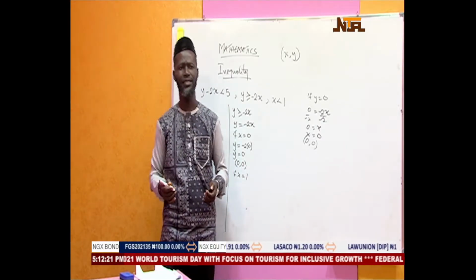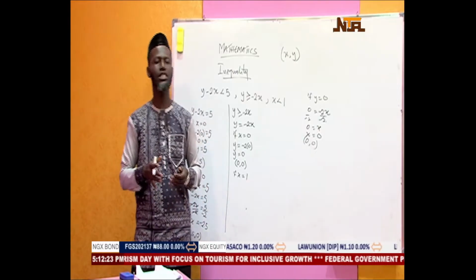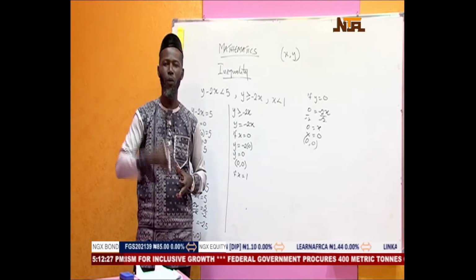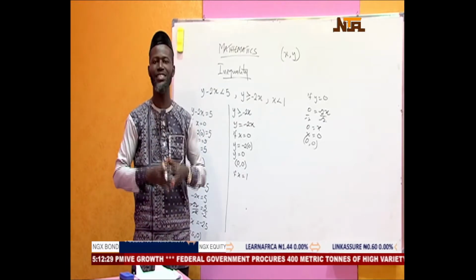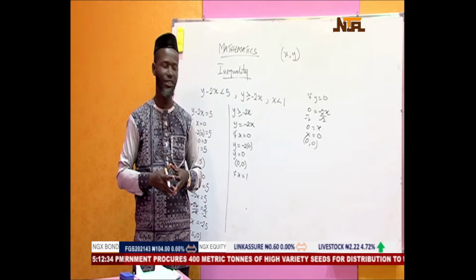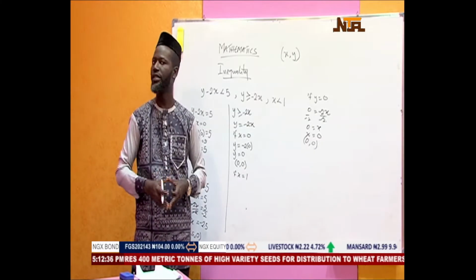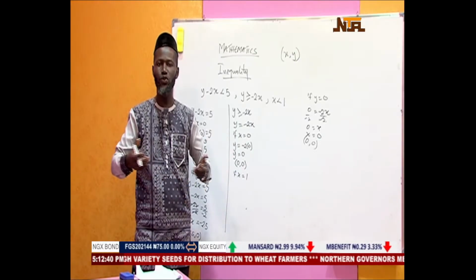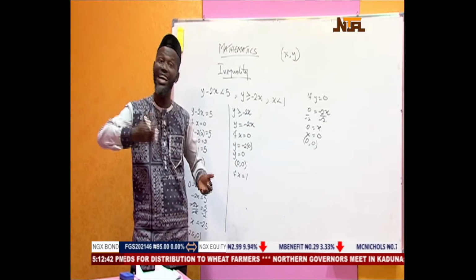The question is, is it only x? What if you assume y instead of x, in as much as I already assumed for x before? Yes, you are still going to get the same thing. It's not necessary that you restrict yourself to x being equal to 1. You can say that if x is equal to 2, if x is equal to 3, or if y is equal to 1, because you can't use 0.